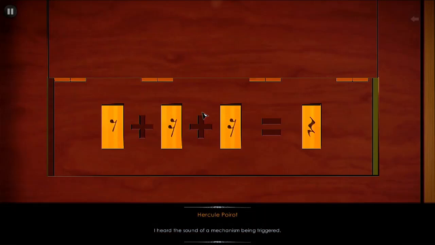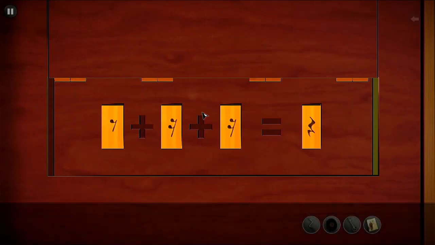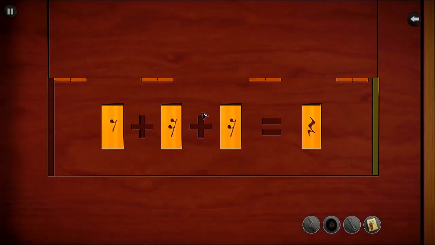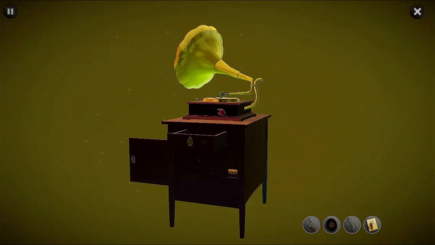I heard the sound of a mechanism being triggered. Okay, so apparently for some people this puzzle is broken. What you need is it to click, and sometimes it doesn't happen. So I've ended up having to use 3 clues to get it to open, which is really annoying because I had the right code in the right places.